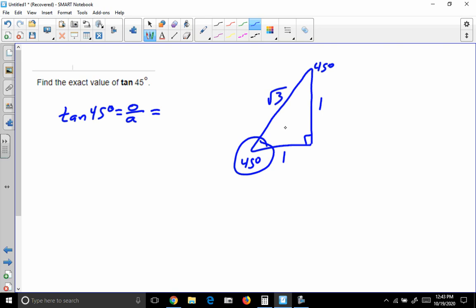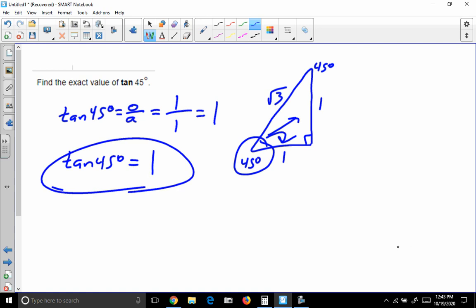The side opposite of 45 degrees is 1. And the side adjacent to that 45 degrees is also 1. So tangent is 1. Just using that triangle. So 30, 60, or 45 degrees, we're going to use one of those two triangles. So those are triangles that you need to memorize.